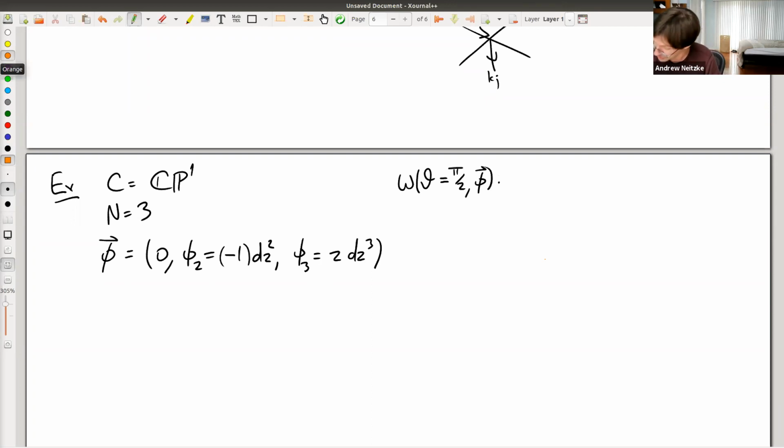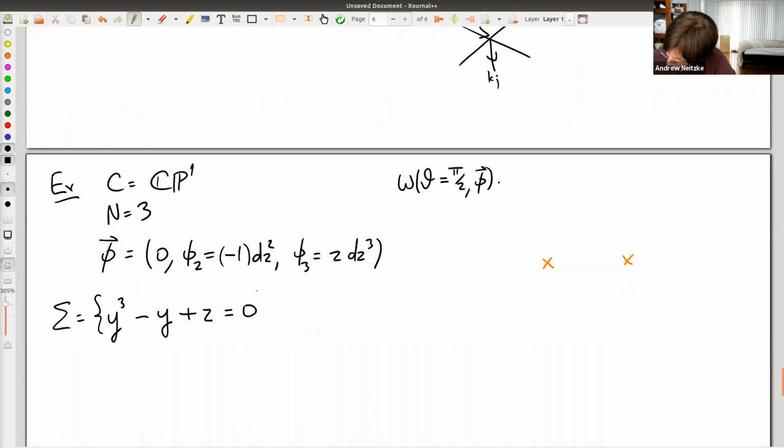So first of all, in this case, the discriminant locus consists of two points. That's because we're studying the spectral curve, which in this case is just given by a cubic equation, right? It's y cubed minus y plus z equals 0.